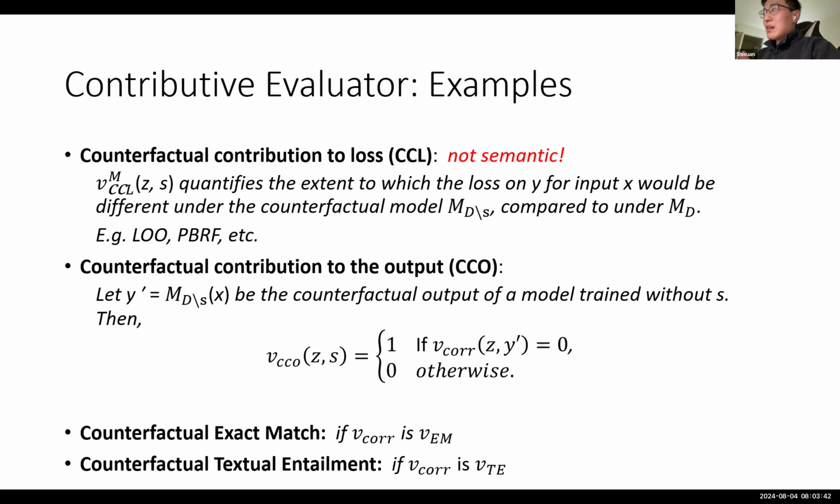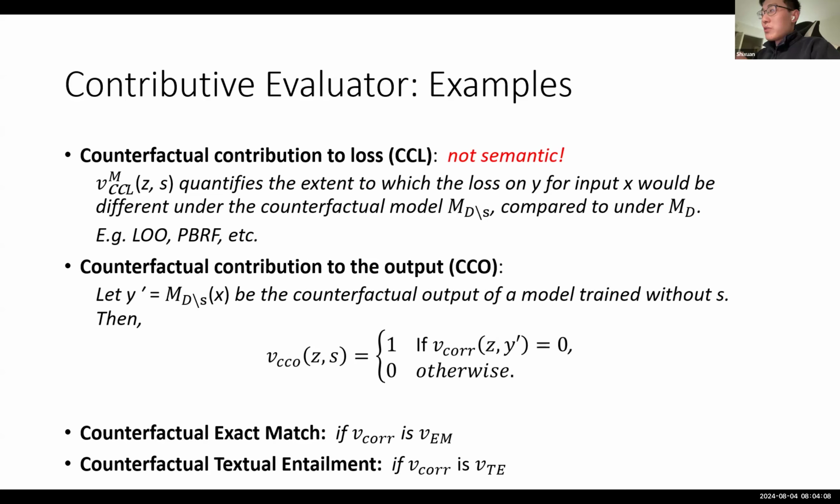So after we do some leave one out and retraining, assume we have another new model. And we can do the same thing, pass exactly the same input to the model, and we'll get a new output Y prime. So the CCO basically just compares these two versions of outputs.